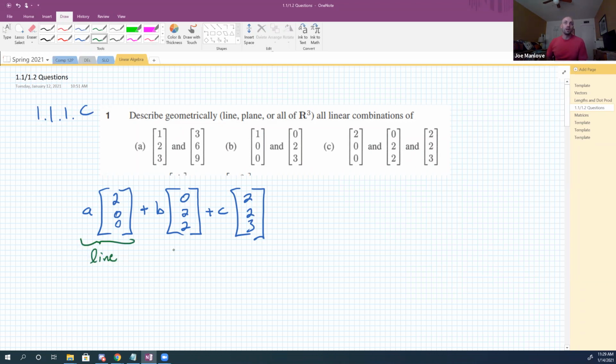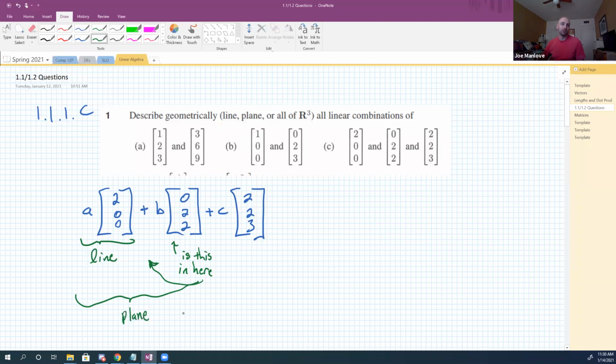Now, my next question is this in here? So are the things that this second component is making on the same line as the first component? Doesn't seem like it, right? So I feel pretty comfortable that I can say that these two together make a plane.